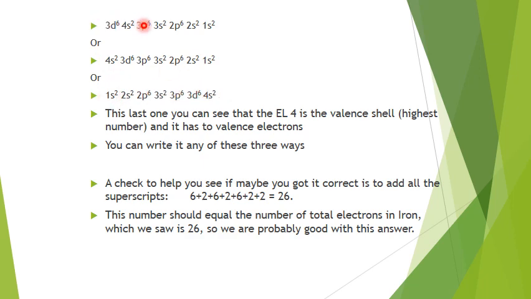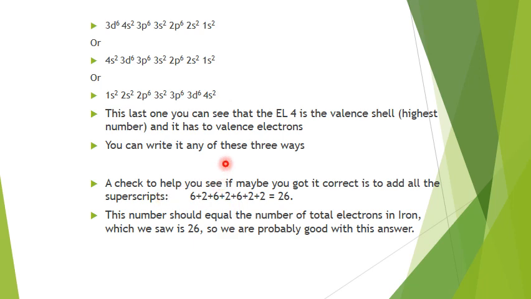This is the way that I figured it out, but I rearranged it in order of the energy numbers, and it doesn't matter. You could have it this way, or this way. This last one is kind of the best way because it makes more sense, and it shows you that 4 is the highest and it has 2 valence electrons.